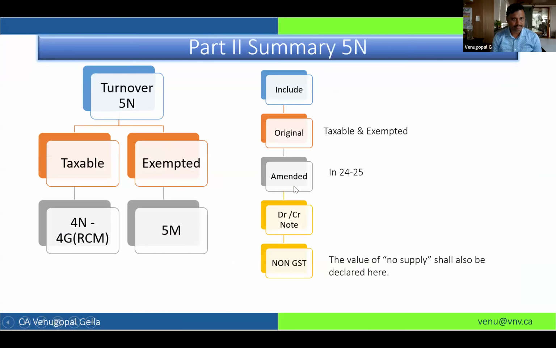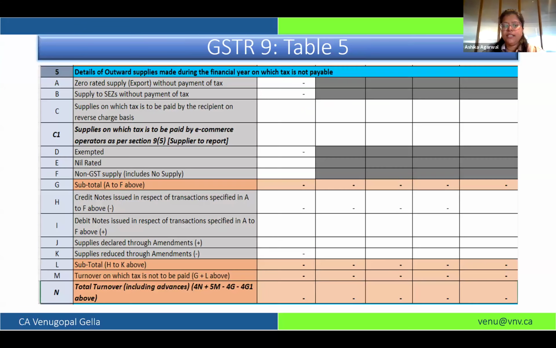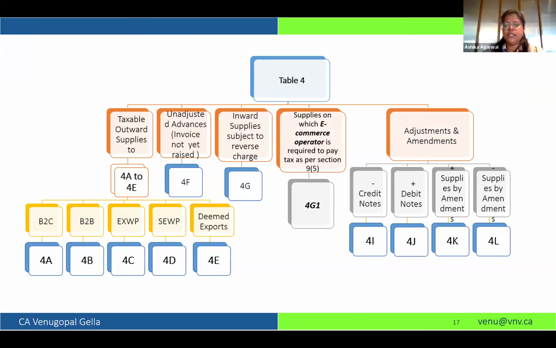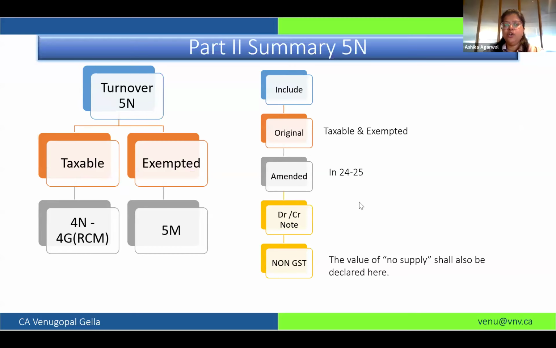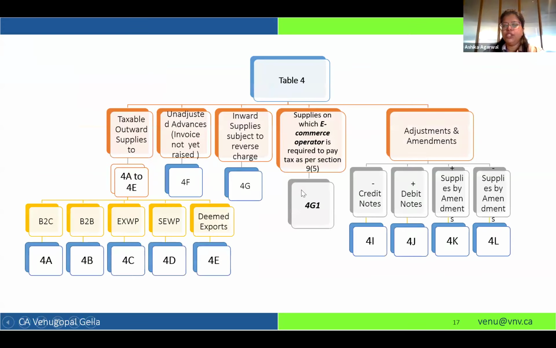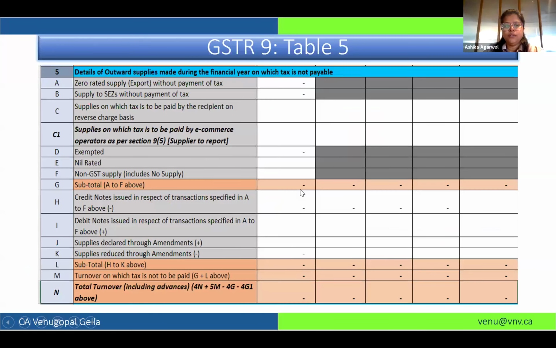I'll come. Now, this is a validity check, basically. If you see 5N, it is a total turnover, which is basically table 4 plus table 5, but excluding RCM and e-commerce operator, meaning 4G1. So 4G1.